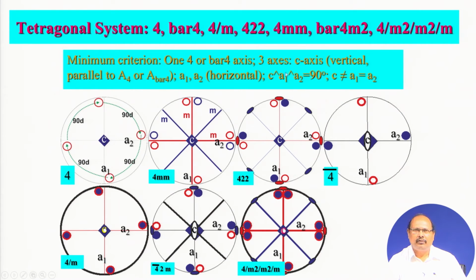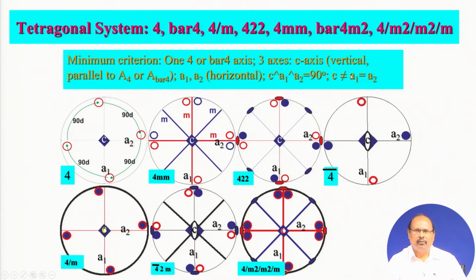The angles between the C crystallographic axis and A1 and A2 are 90 degrees. C to A1, C to A2 and A1 to A2 is 90 degrees, whereas C is not equal to A1, and A1 is equal to A2.